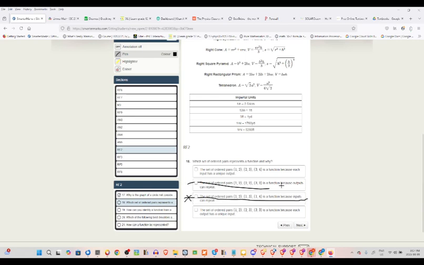It's not a reason why something is a function. So that is not a valid explanation. The set of ordered pairs is a function because each input has a unique output. That is our definition. Each output having a unique input is not a definition of the function. That is backwards. So we need a little bit of a process of elimination here, but it is A.